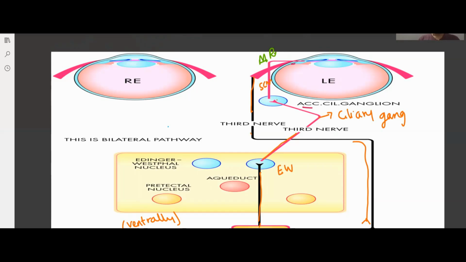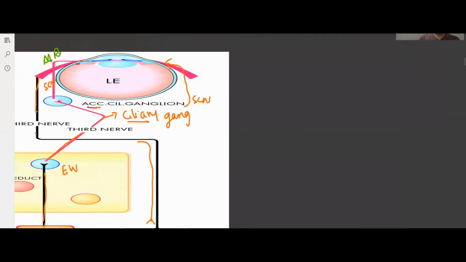From there we have short ciliary nerves to the sphincter pupillae. So the efferent pathway is the same. But for the near reflex we have two ganglions: the ciliary is the major ganglion, and the secondary is the accessory ciliary ganglion, whereas for the light reflex we have only the ciliary ganglion. The only difference between the light reflex and near reflex is the afferent pathway.